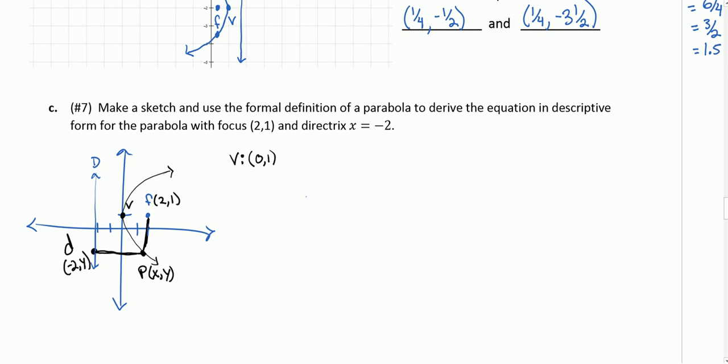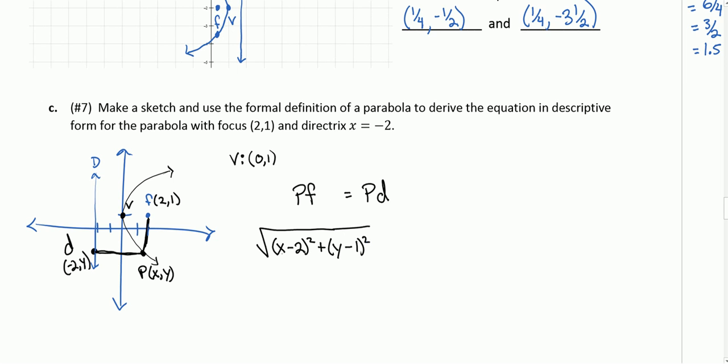And the definition of a parabola says that the distance between a generic point and the focus is going to be the same distance between our generic point and the directrix. Using the distance formula, x value from our point P minus the x value from the focus, which is 2, so x minus 2 squared, plus the y value from our point P minus the y value of our focus, which is 1.